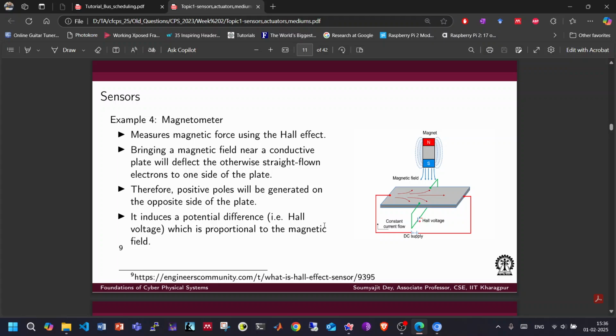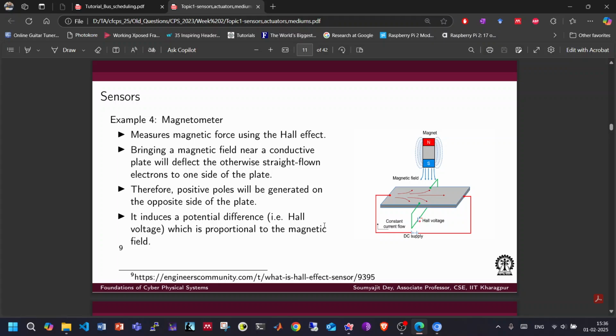This is found in certain materials. You will not see this in all materials. There are certain specifications that are followed, then only these are found. So using those materials, we make Hall effect sensors.